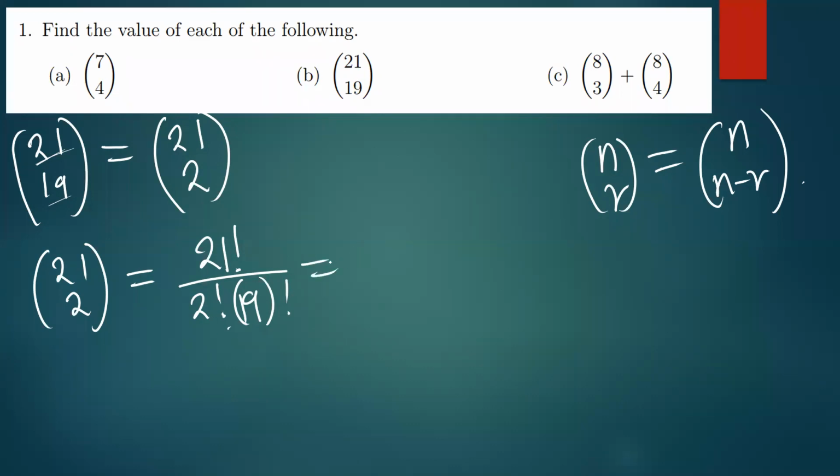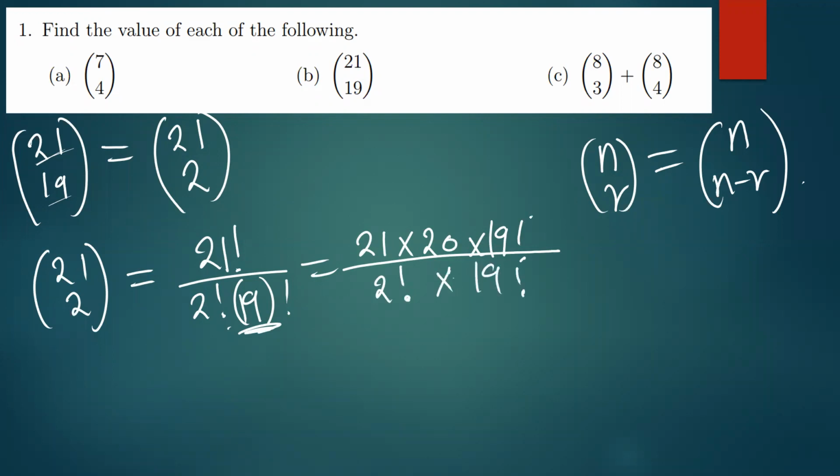On top, 21 factorial can also be written as 21 times 20 times 19 factorial, because on the denominator I have 19 factorial, which will cancel with the one on top. So this 19 factorial and that will go. I'm just going to remain with 21 times 20.